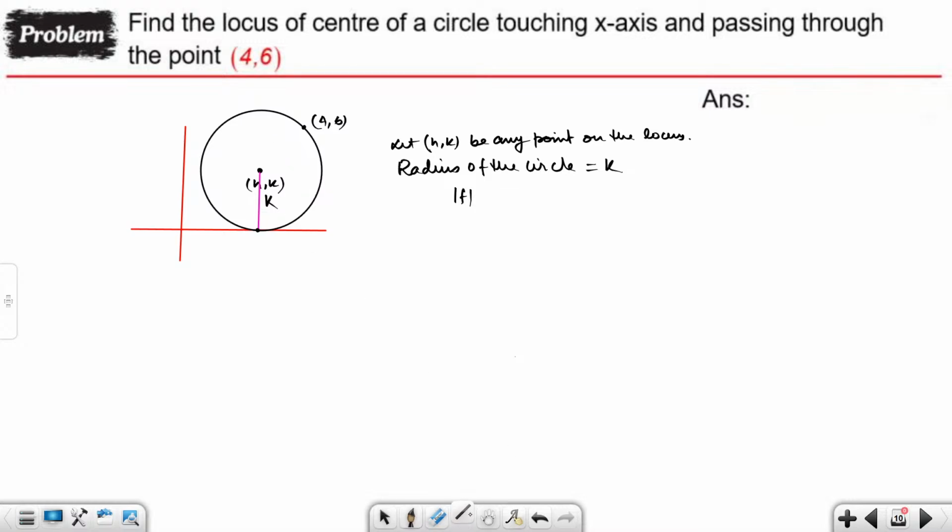What I will do, I will simply join the center with this point, right? Now, if you join the center with this point, what is its distance?